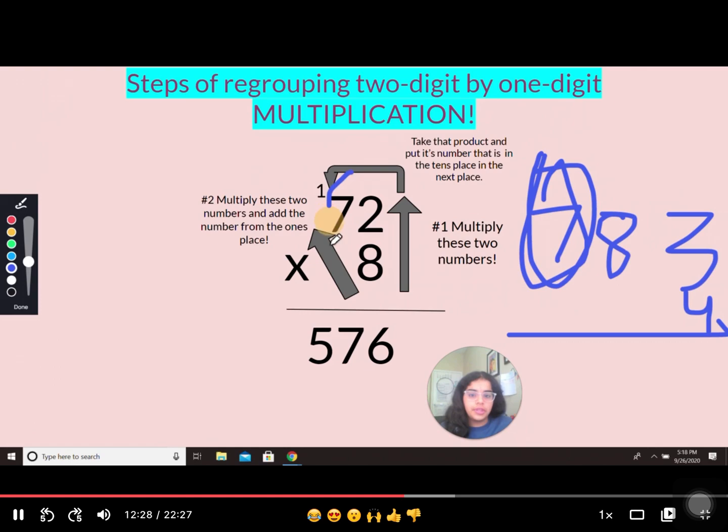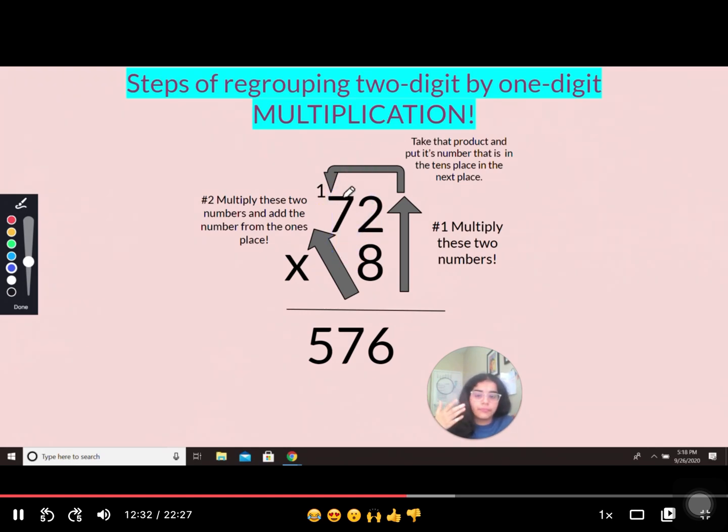So whichever the last digit is, you're going to stop there. No matter if it's 57, if it's 107, whatever number, you're going to write it all together.